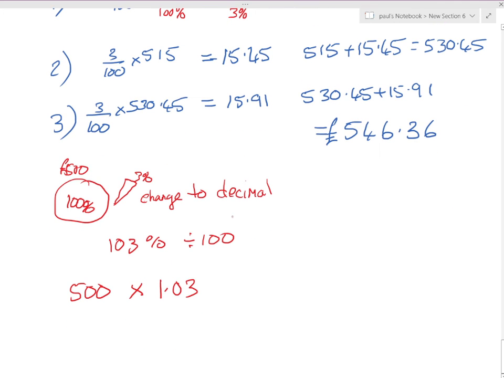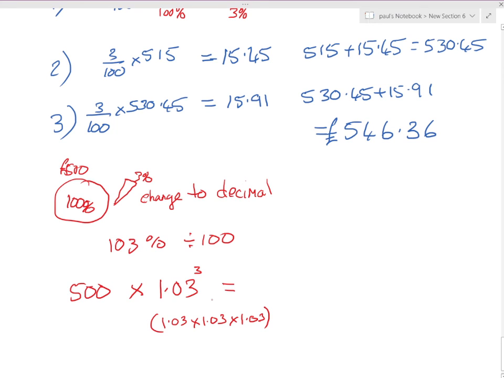Now we're going to do it for 3 years, so we cube it, and by cubing it, that's 3 years, we're in effect going 1.03 times 1.03 for the second year times 1.03 for the third year. So however many years we do it for, that's the power. If we did it for 5 years, that would be to the power of 5.